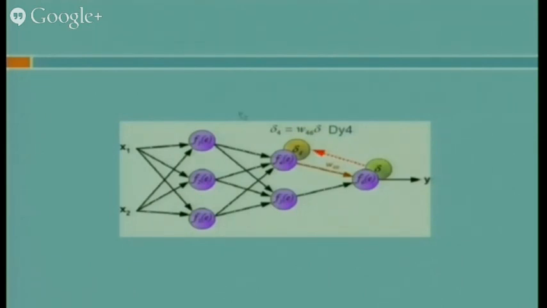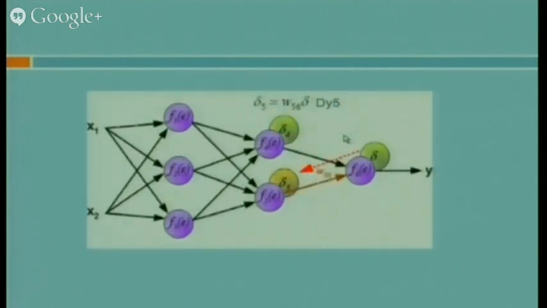So delta 4 is equal to W46 into delta with the derivative of Y4, right? Delta 5 is the same: W56 into delta, because it will now be coming to this side, so the strength of this will be multiplied by this delta. So delta into W56 into the derivative of this fifth output.